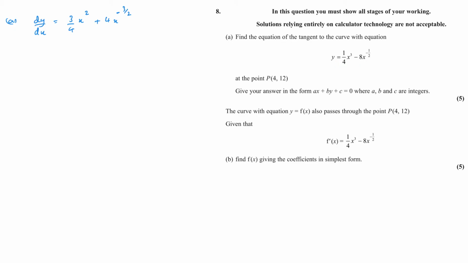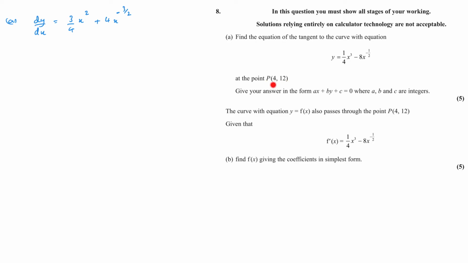Okay, so just differentiating this, bring the 3 down, take 1 away, so 3 over 4 x squared, bring the minus a half down, so that gives me plus 4, take 1 away from minus a half is minus 3 over 2.